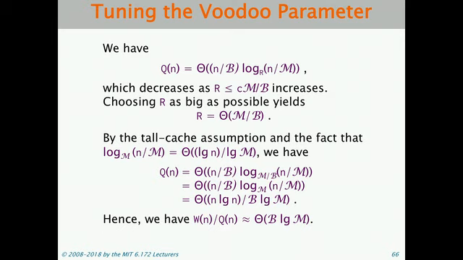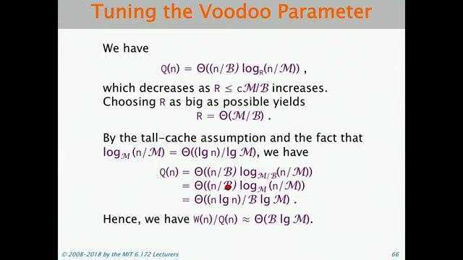So we have the tall cache assumption. We also have the fact that log base M of n over M is equal to theta of log n over log M. So the cache complexity is theta of n over B times log base M over B of n over M. But with the tall cache assumption, log base M over B is the same as log base M asymptotically. So that's how we get to the second line.